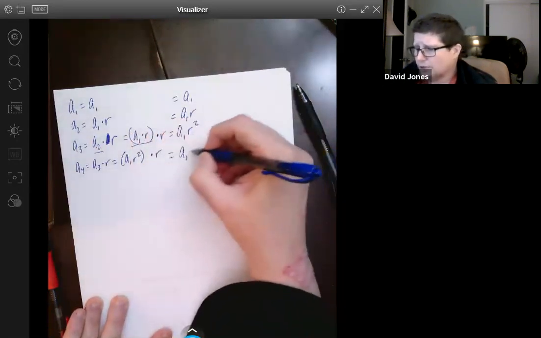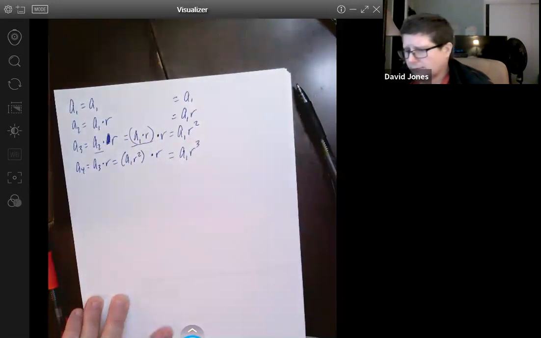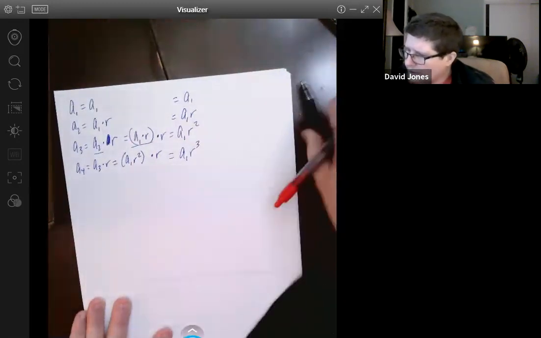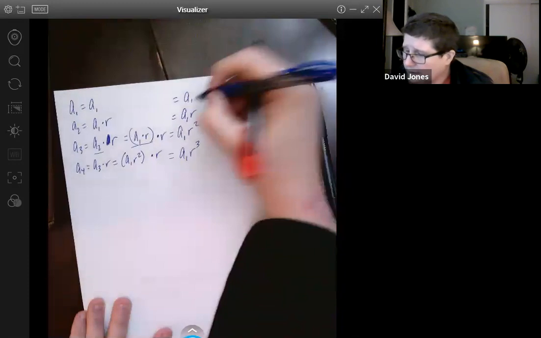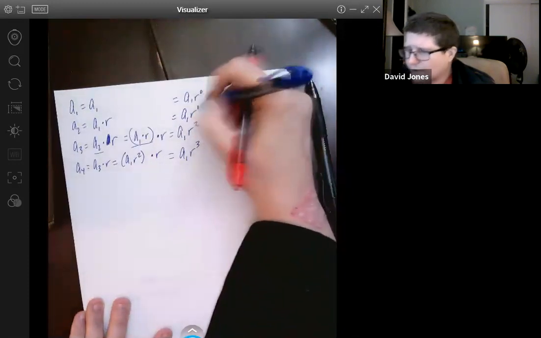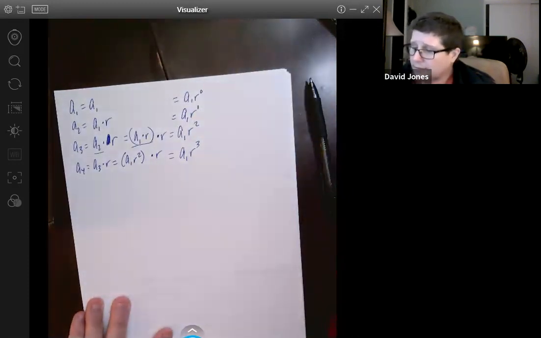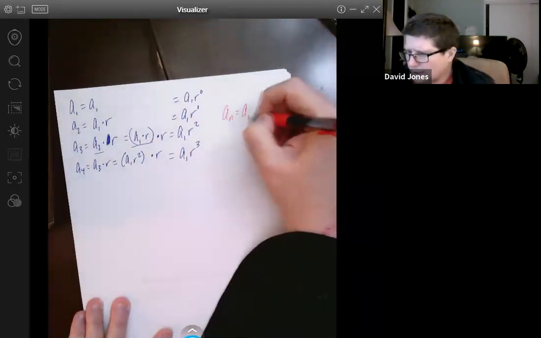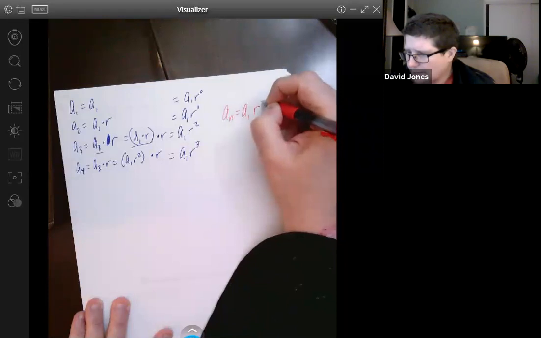This is a sub 1 r to the third. And if you see the pattern here, I could write r to the 0 power here and r to the first power there. a sub n equals a sub 1 times r to the n minus 1.